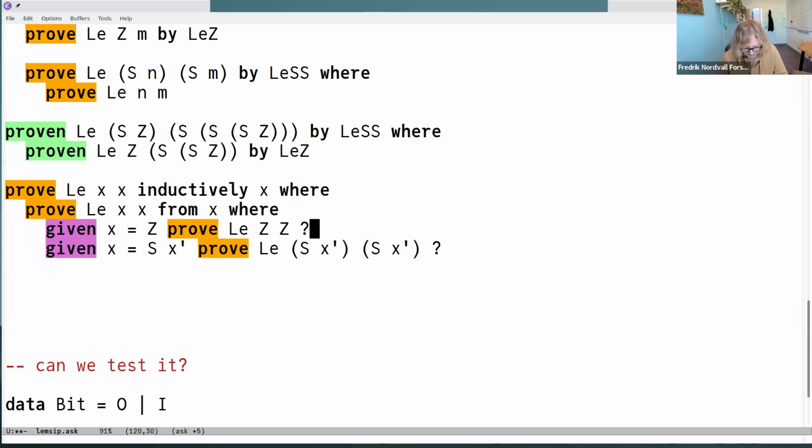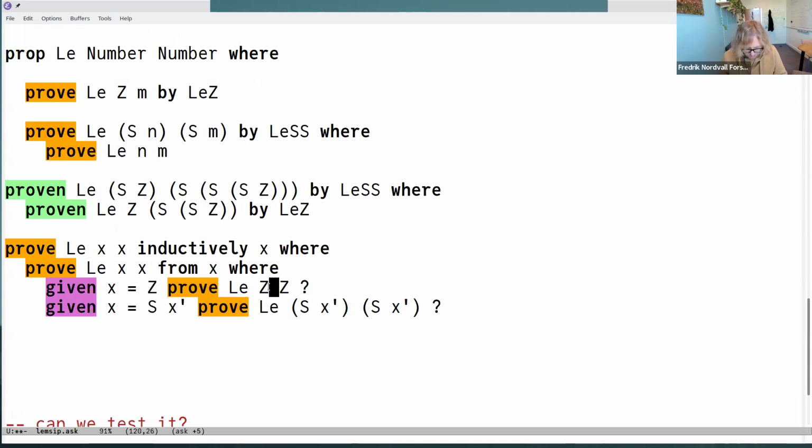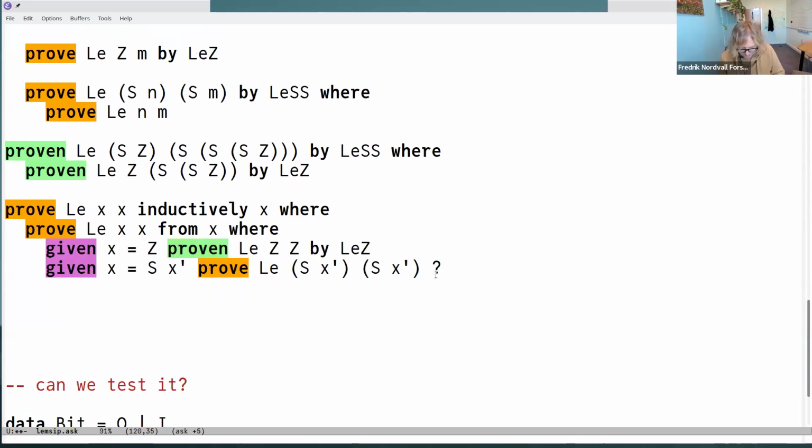So in the 0 case, we said that we know how to prove that 0 is less than or equal to other things. That's what this rule says. I can just copy this in. Okay, and Ask is happy. And in the successor case, I also see that I have something that matches this second rule, right?